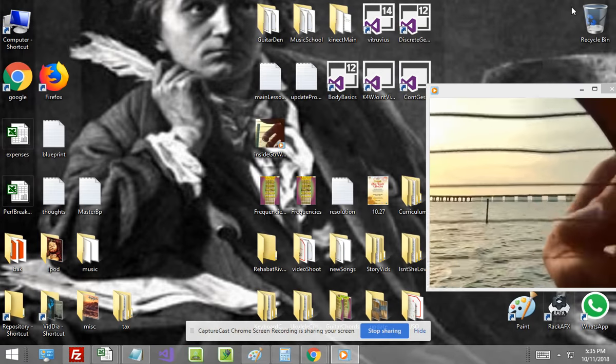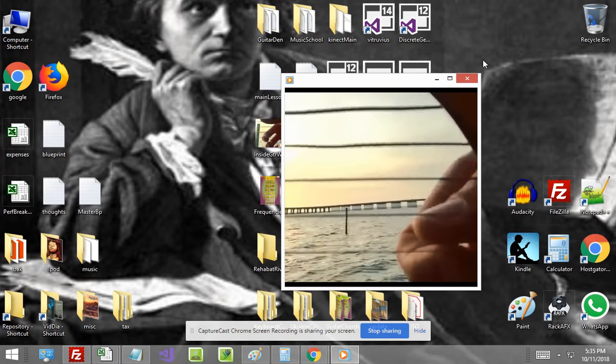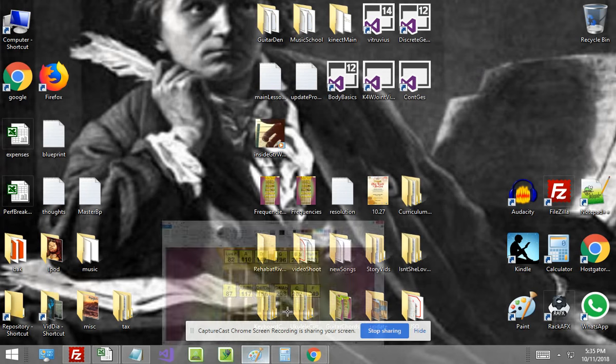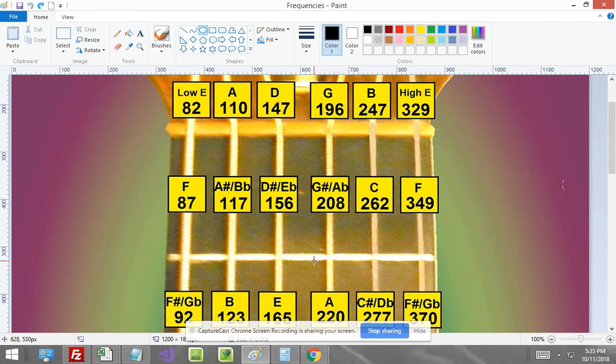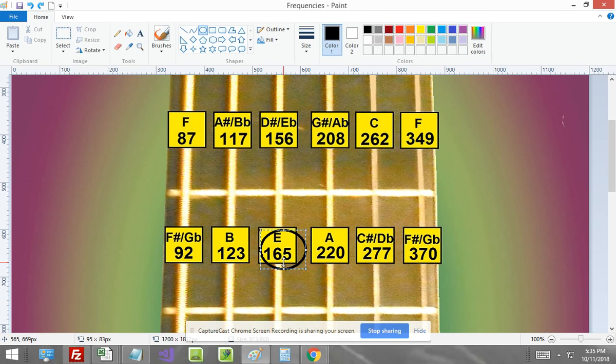Let's go back to that video. Now here's where it gets really interesting. Look at this number right here: 82 wobbles per second, right? Now let's go up to this E right here, which happens to be a different octave. Stay with me, because this is where it gets mind-boggling.